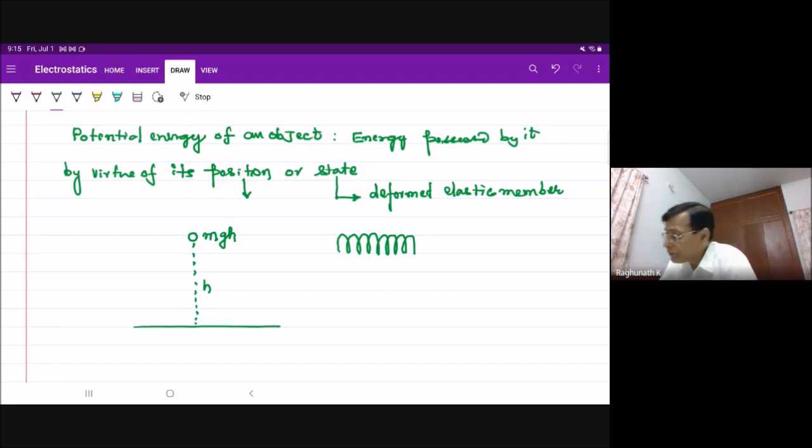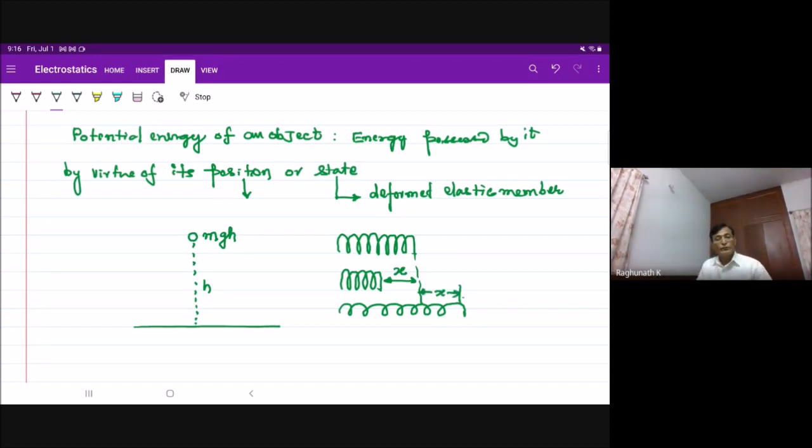But the spring compressed so that the length decreases by x, or expanded so that the length of it is increased by x, we say that it stores energy.